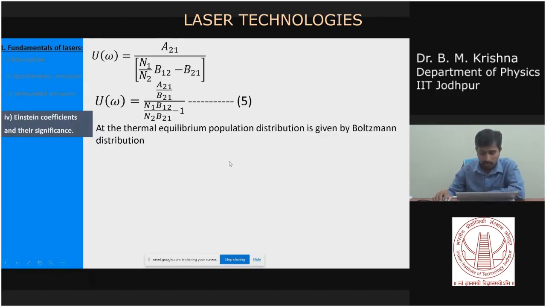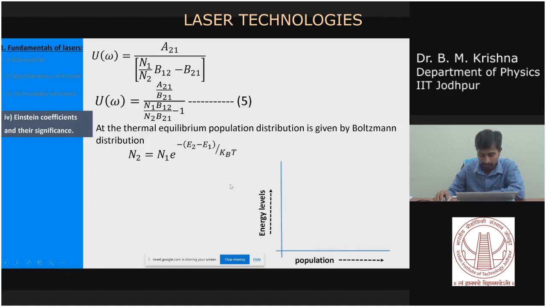At thermal equilibrium, the population distribution of the given states is given by the Boltzmann distribution. I think you already studied the Boltzmann distribution. You know that N2, the population of the second state, depends upon the population of the ground state, N1: N2 equals N1 e power minus (E2 minus E1) by kBT. This is the Boltzmann distribution for the population.